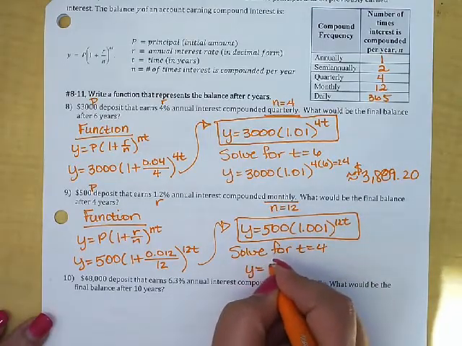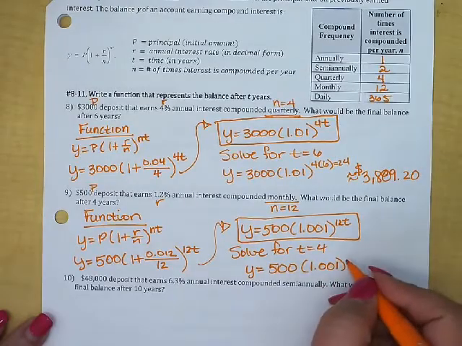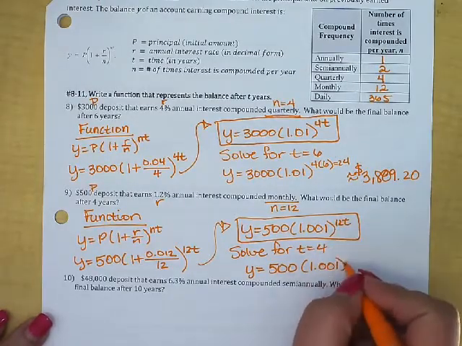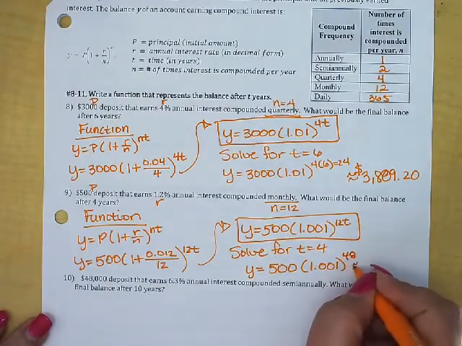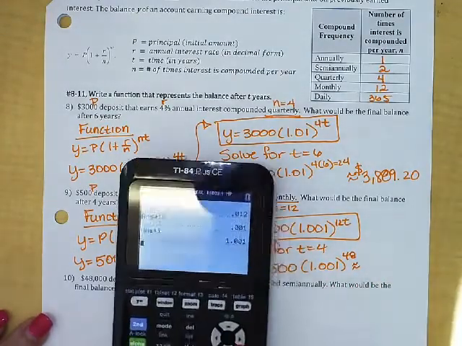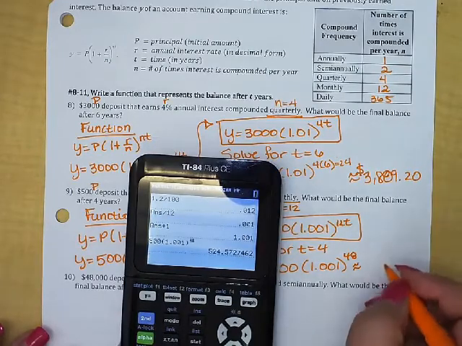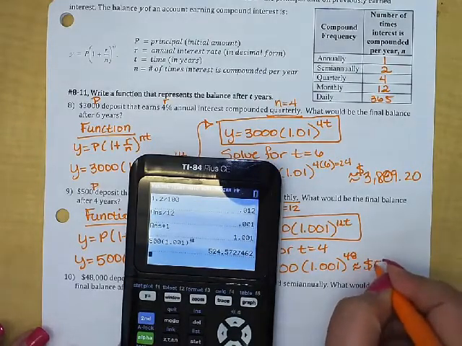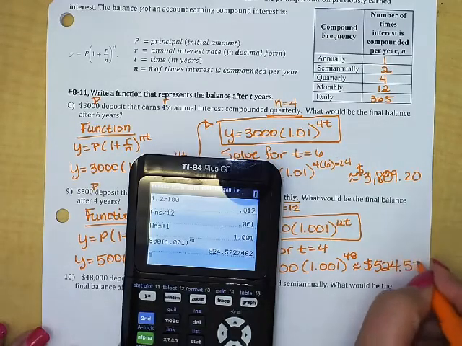So that's going to change our equation to 500 times 1.001 raised to the, when I plug in a 4 there, 4 times 12 is going to be 48. So that's a new exponent. Let's see how much money we'd have if we left that alone. So $500 times 1.001 to the 48th power, we'd have about $524.57.